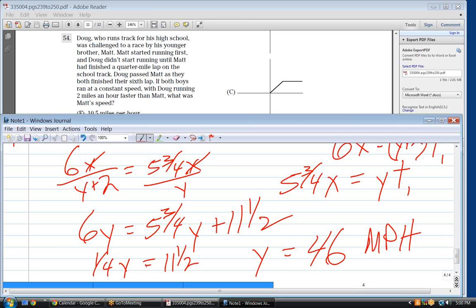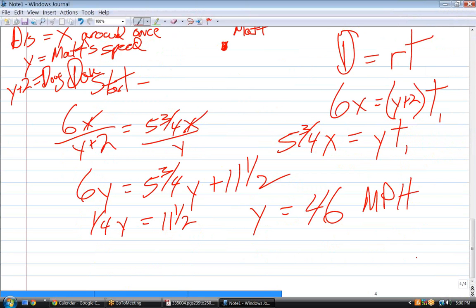Multiply both sides by 4. I was so proud of myself. I thought for sure that was it. These two equations are correct.